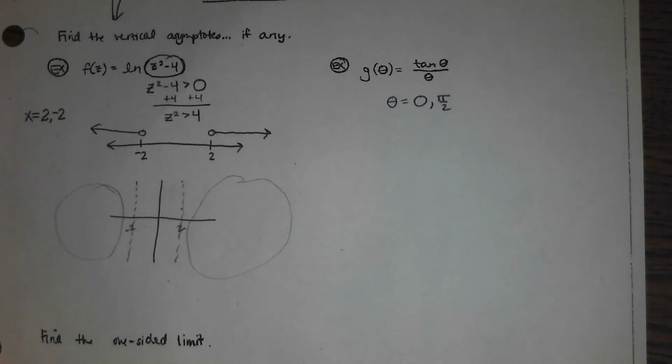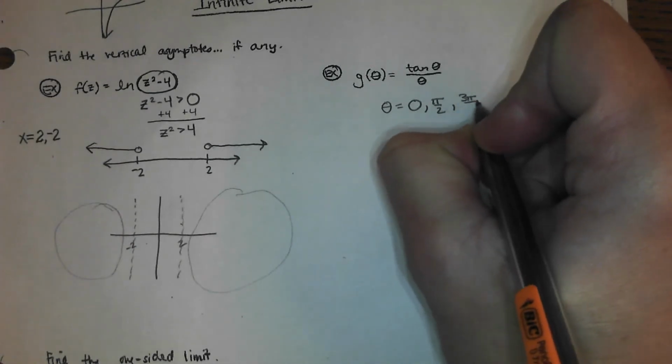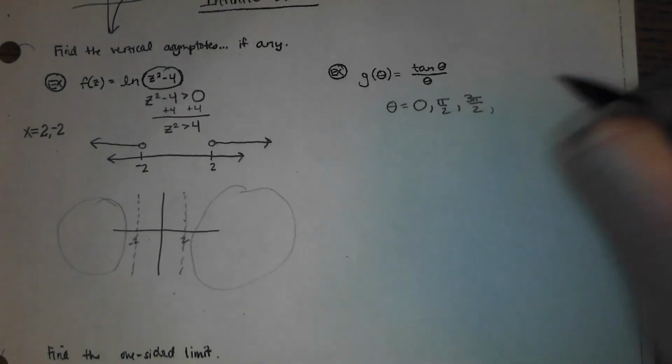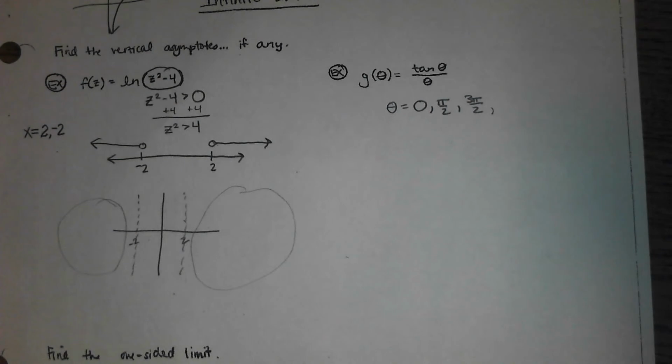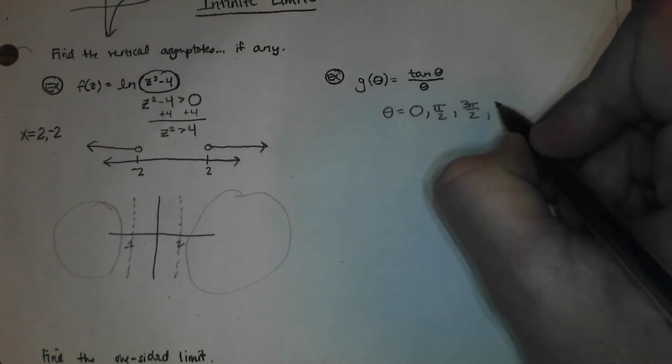Where else would you think, Andrew? Three pi over 2. Could you keep going? What would be the pattern? How would we express it so that we could cover all of them? Odd multiples of pi over 2.